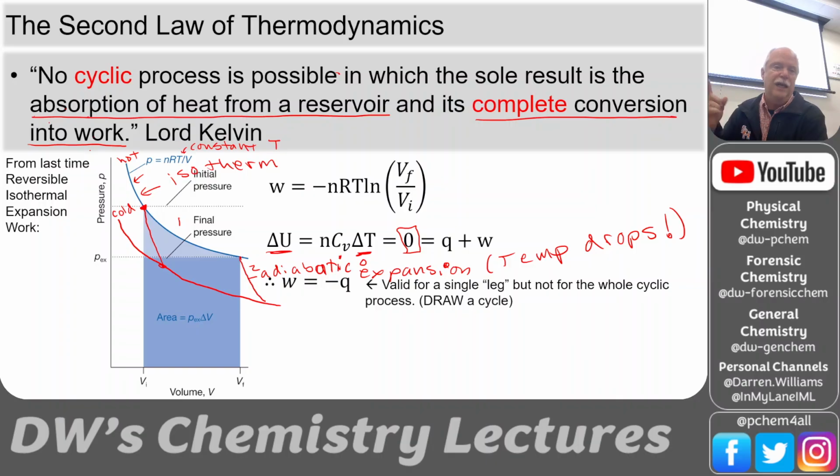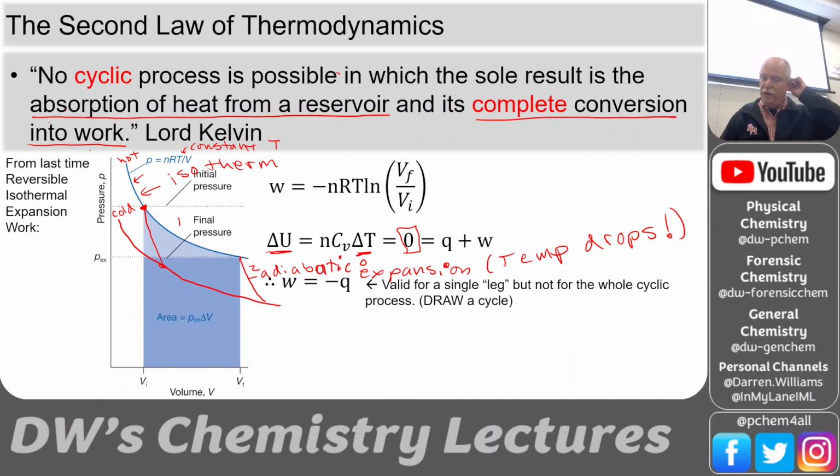And this is a cycle. And this is what Lord Kelvin is saying is impossible: to do this whole cycle where heat was absorbed from the hot reservoir and completely converted into work.